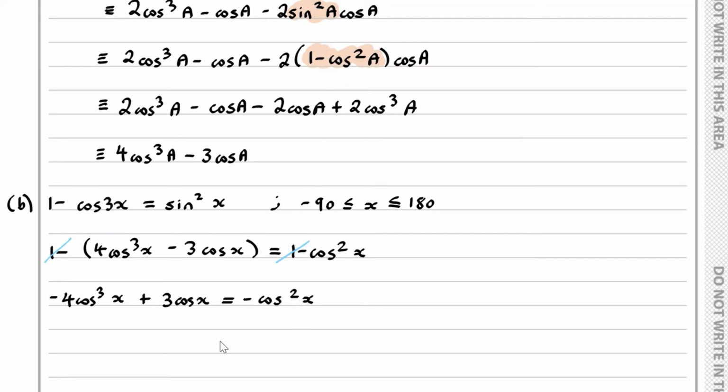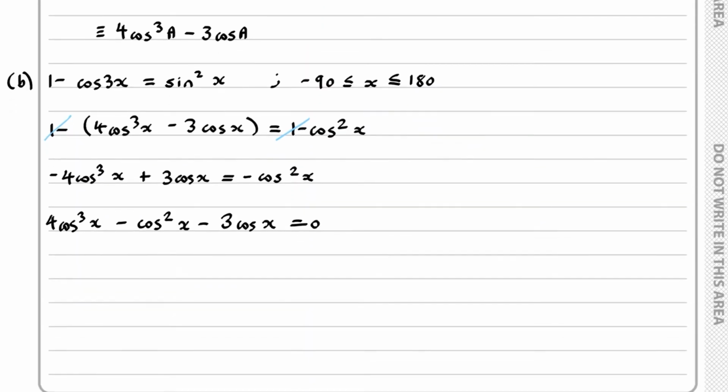And if we take everything over to one side, we have 4 cos cubed x minus cos squared x minus 3 cos x equals 0.